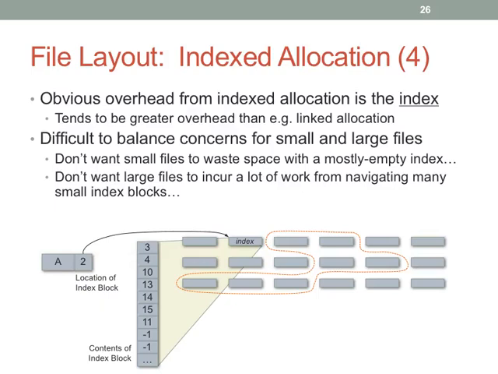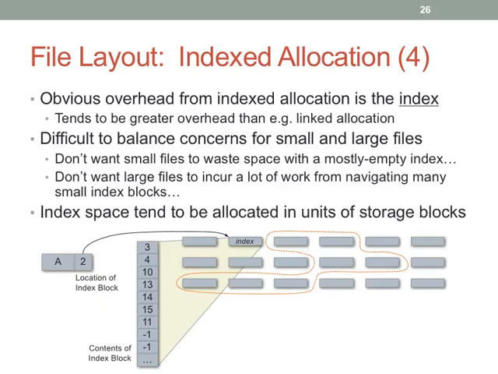You would like to, for example, avoid having multiple indexes chained together, because then you run into the same issue that you had with linked allocation. If I want to access something far along in a large file, then I have to walk through a chain of index blocks. That would suck. Okay? So you can see that an index block works great for small files, but for large files, now you have to start walking through multiple index blocks.